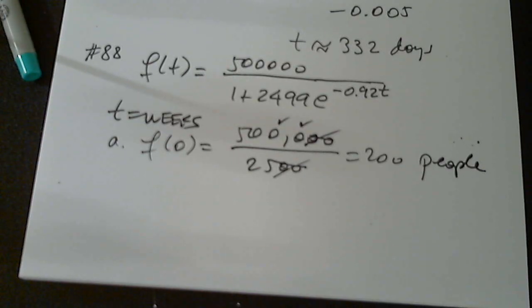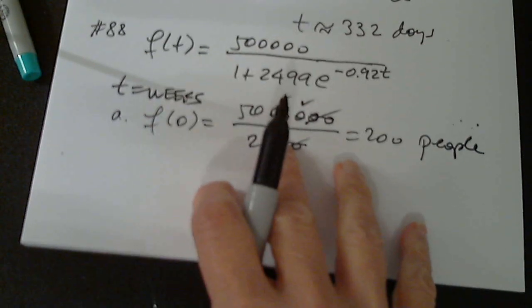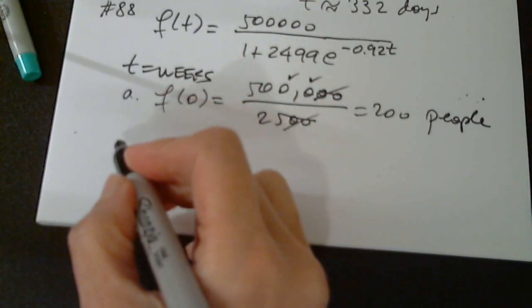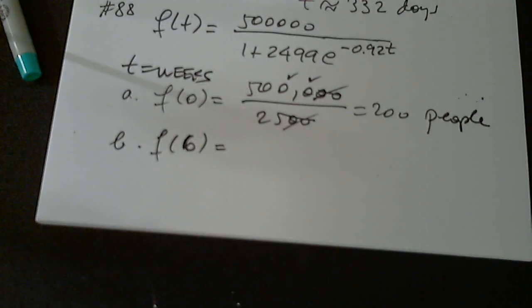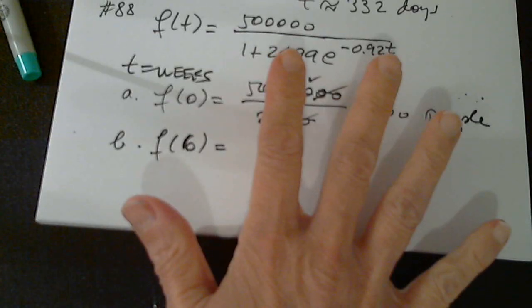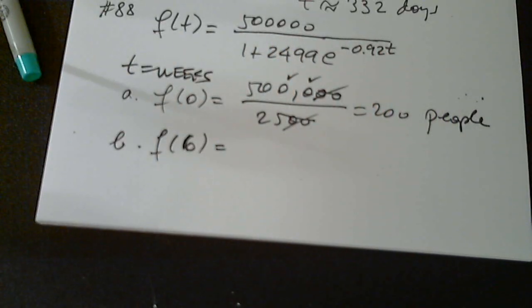Good. Part B. How many people were ill by the end of the 6th week? What am I asked to do now? t will equal 6, so you'll have to plug in 6. Exactly. So we have to find f of 6. Good. I'm not going to put this in the graphing calculator as is.